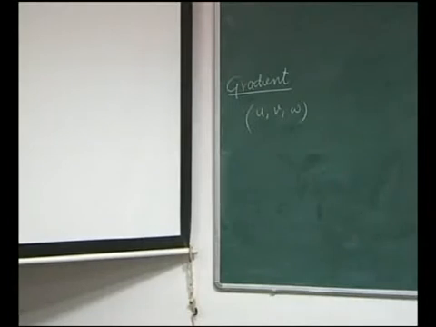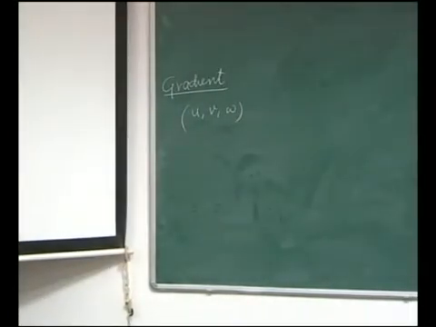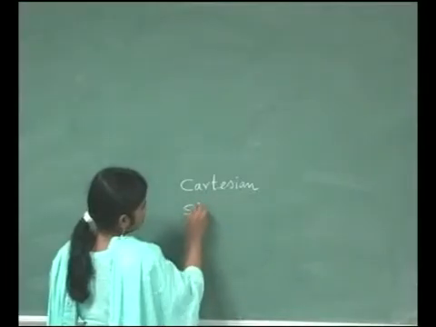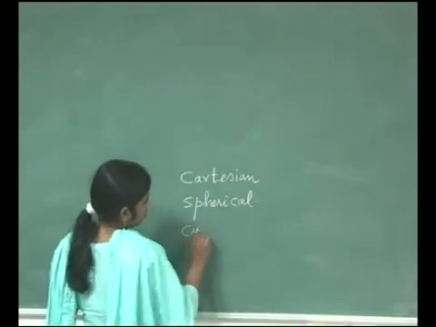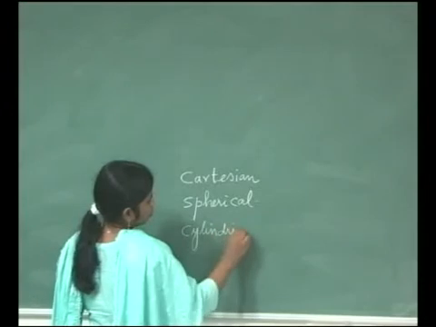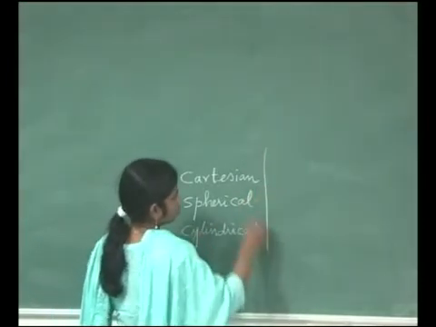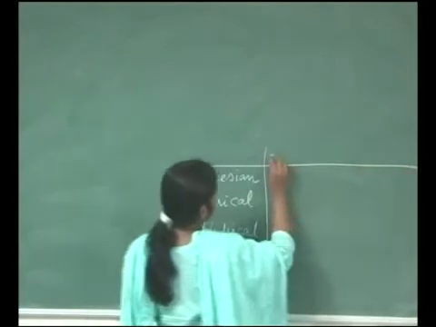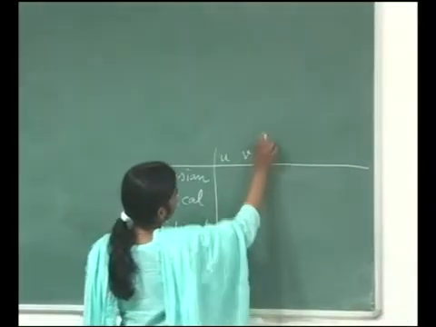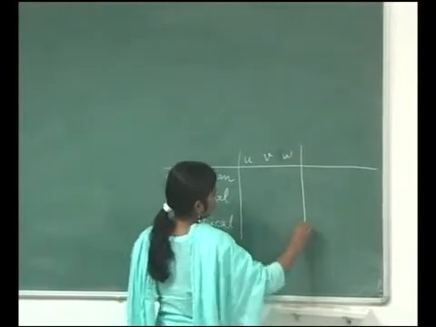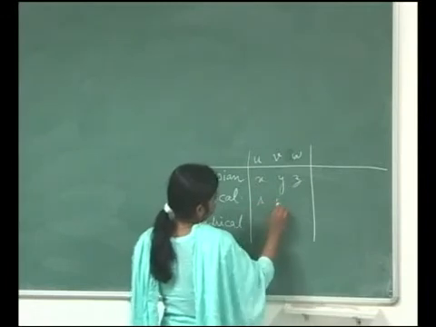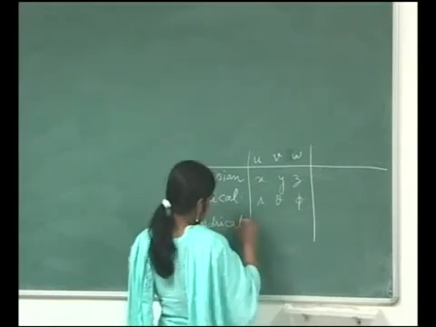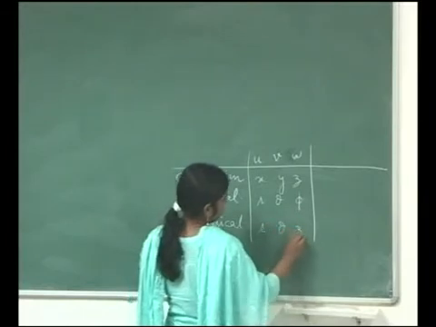So I will write the notation here. It is x, y, z, and it is r, theta, phi, and it is r, theta, z.